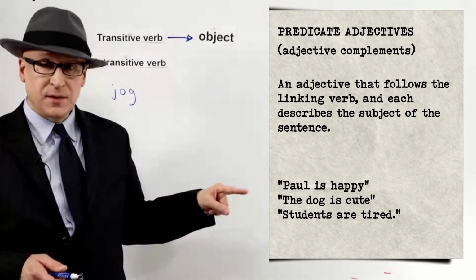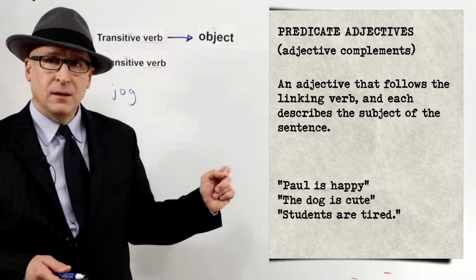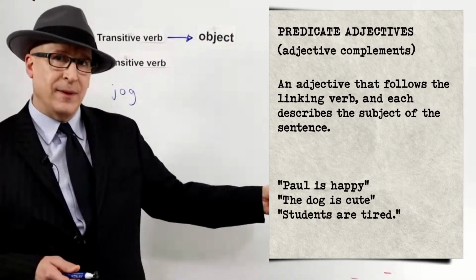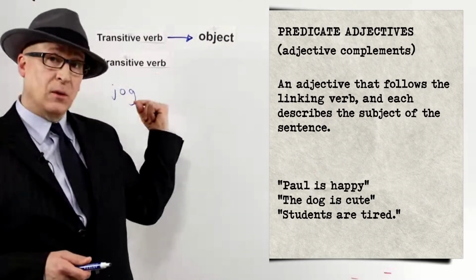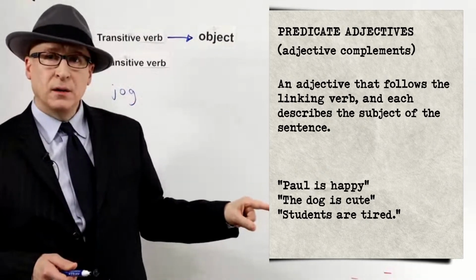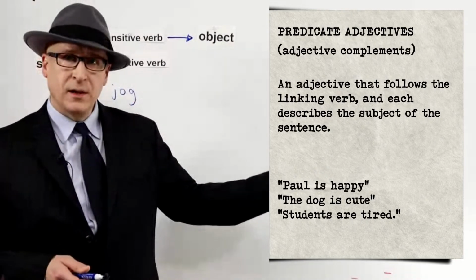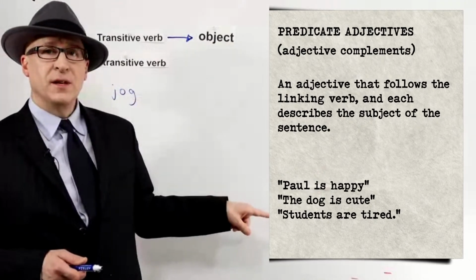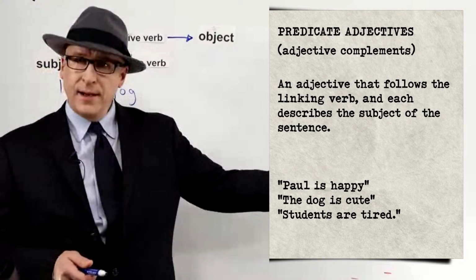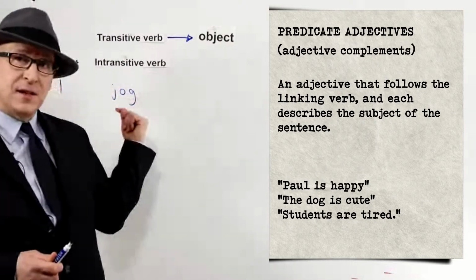So look at these examples. Paul is happy. What is the adjective happy describing? It's describing the subject. So the meaning is kind of pointing backwards. The dog is cute. The adjective cute points back to the subject. Students are tired. The adjective tired points back to the subject.